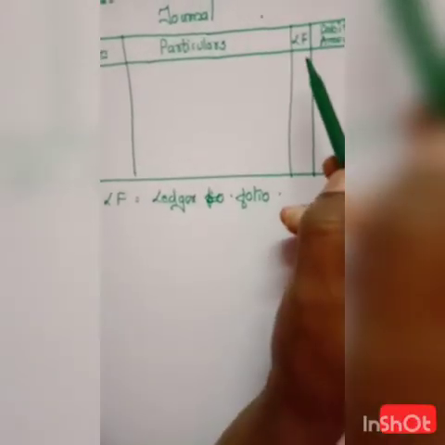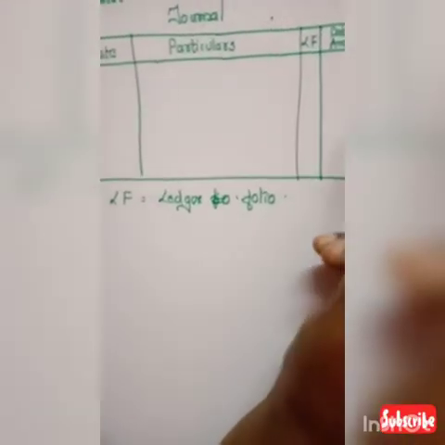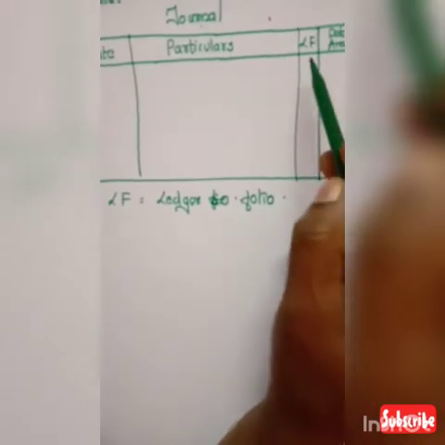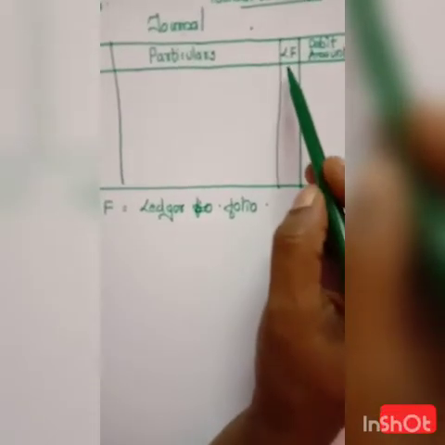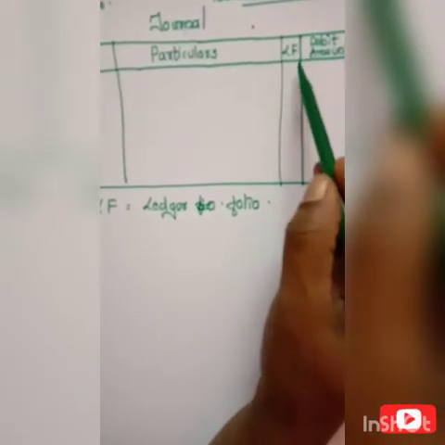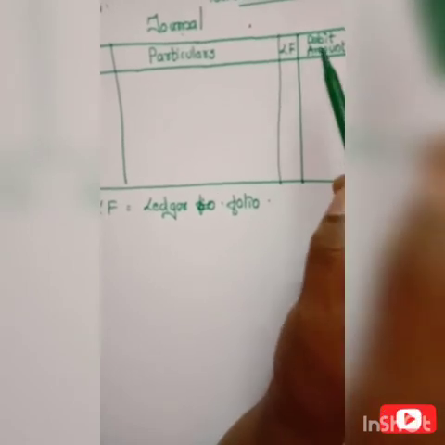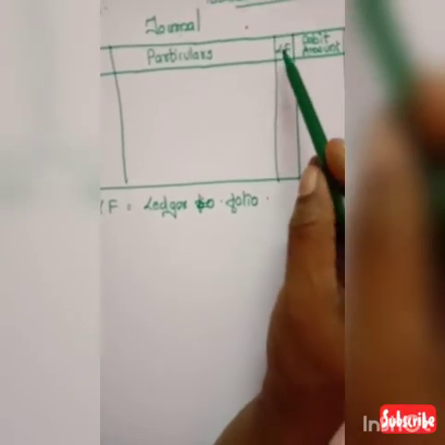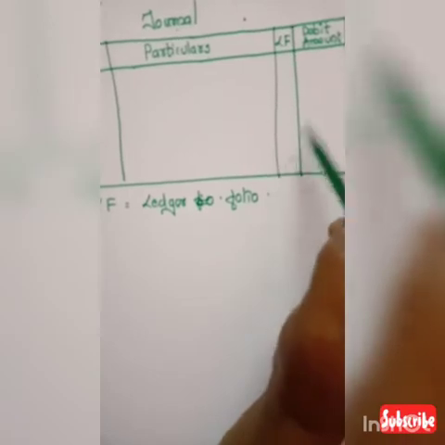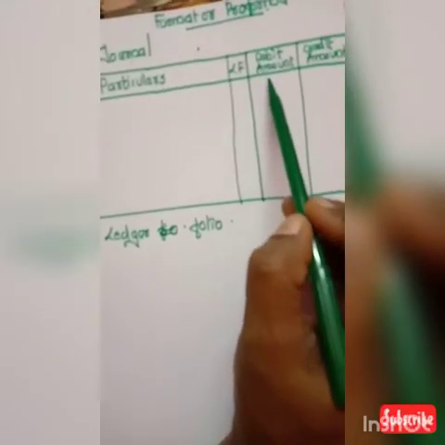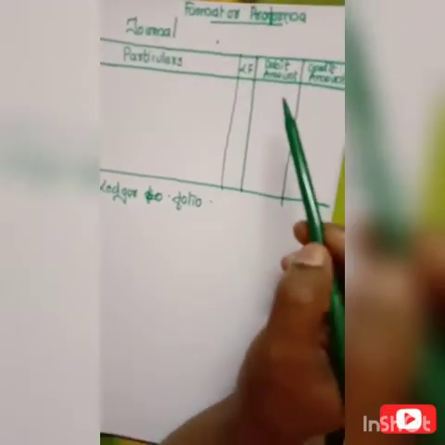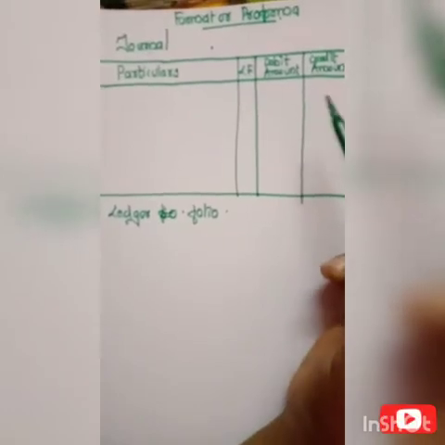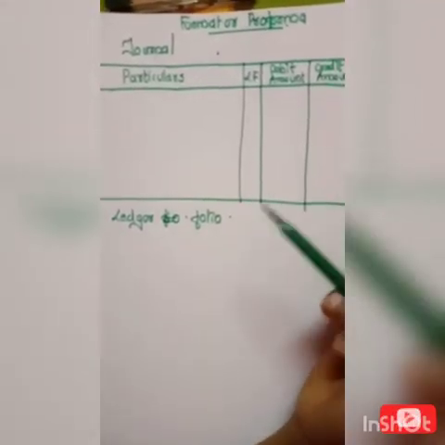But for academic purposes, we are not representing the page numbers. This column is needed only in business organizations. Therefore, nothing is written in this column. Then debit amount, because each and every transaction has a receiving aspect and a giving aspect.